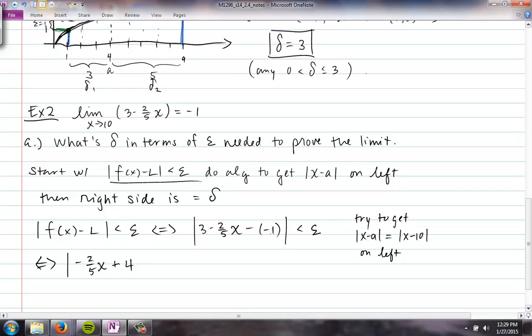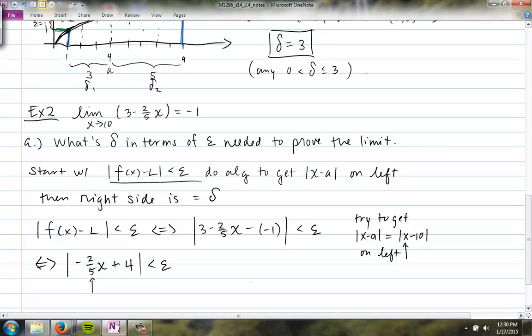Okay, so 3 minus negative 1 is 4. Now, that's still not the absolute value of x minus 10. Notice that we have a coefficient of 1 on there, and that's always going to be the case. So if you don't have a coefficient of 1 here, you've got to get rid of that.